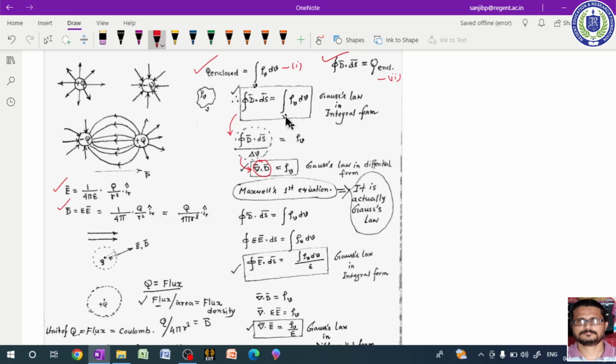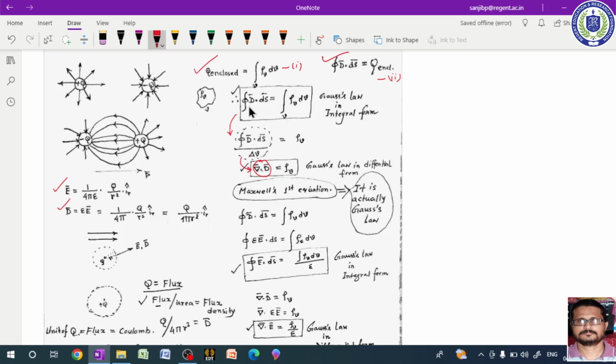Understand? This is also called Maxwell's first equation. So these are the two equations: this will be the integral form and this will be the differential form.